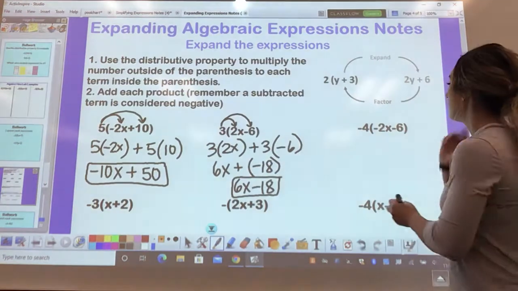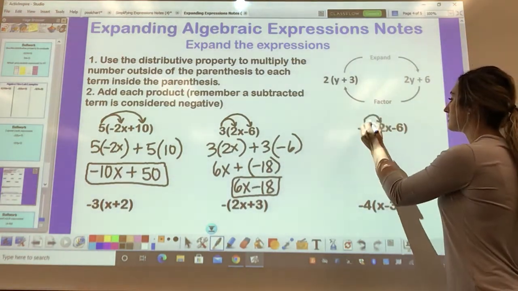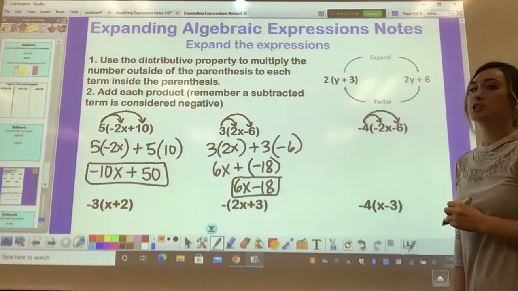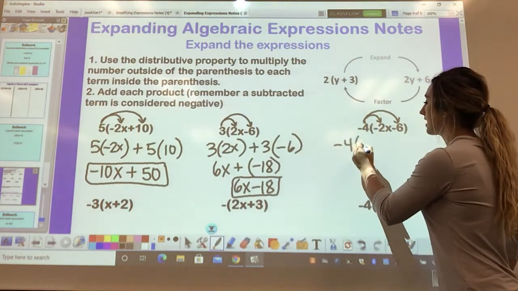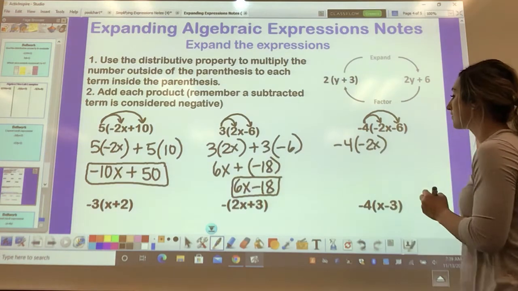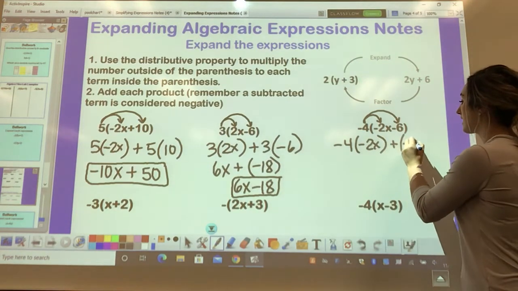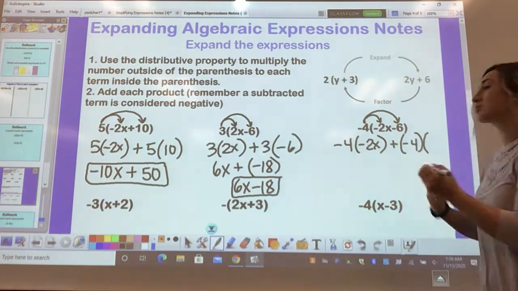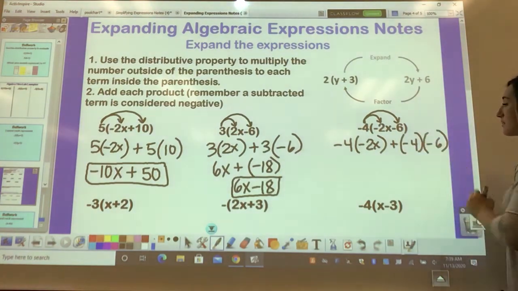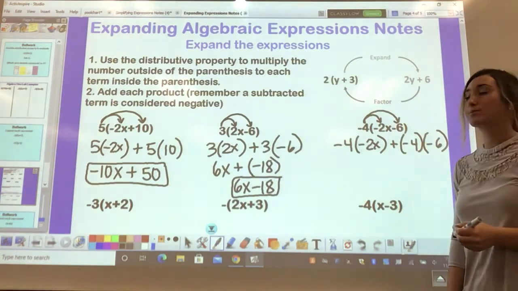Okay, heading over to here, we'll distribute this negative 4 into each of these terms. So negative 4 times negative 2x will be first, plus negative 4 times, this is again a negative 6 since we're subtracting 6. And let's do this multiplication.